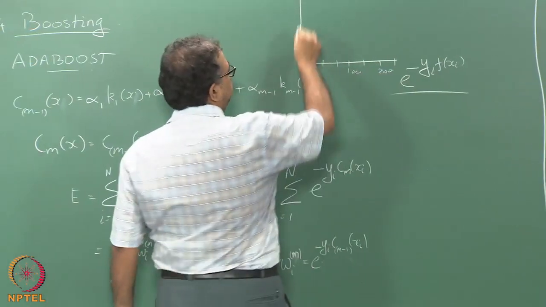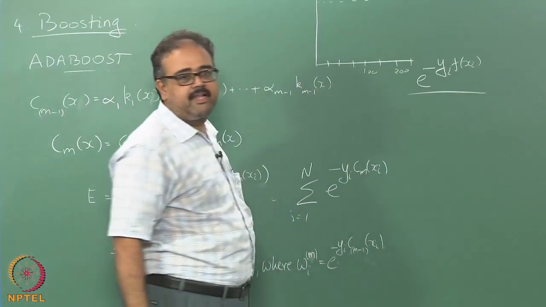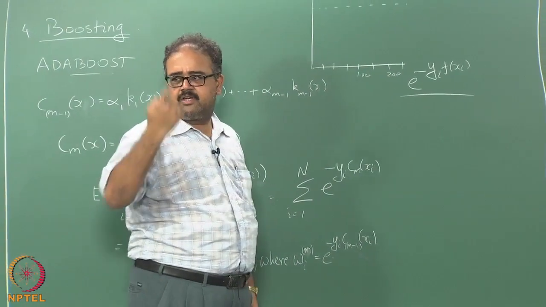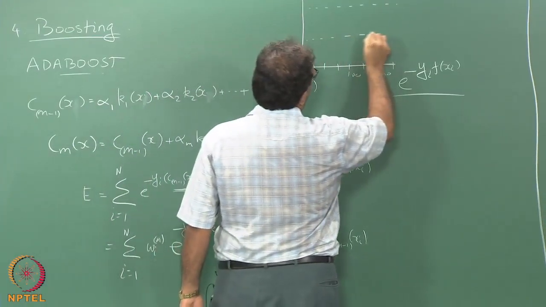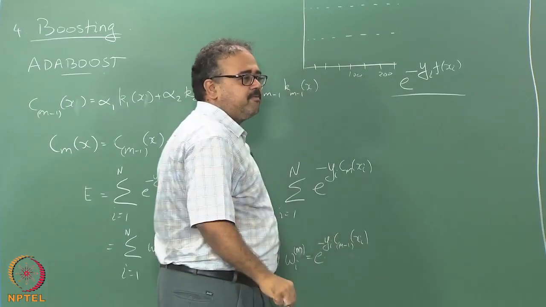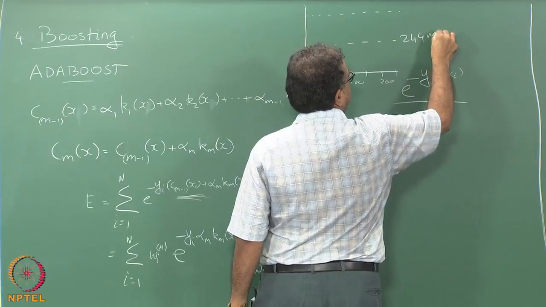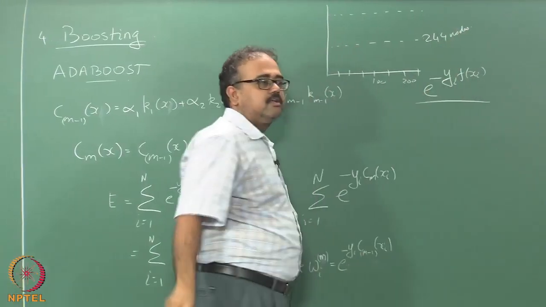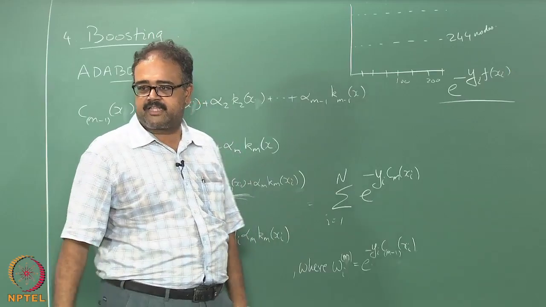A single stump, just the best single stump, gives you a performance at that height, and when they trained a tree on the full data they get a performance here, and this is a 244 node tree. It is a fairly complex tree they built, and that is the performance that they get.